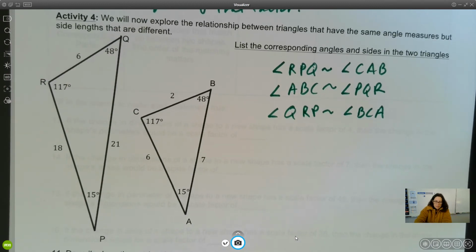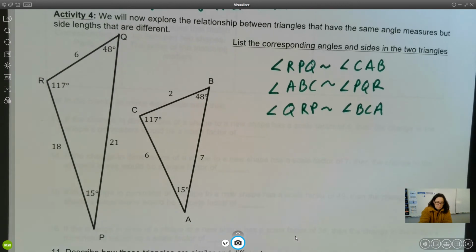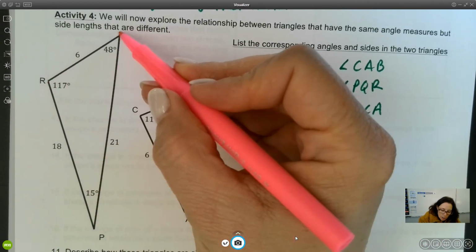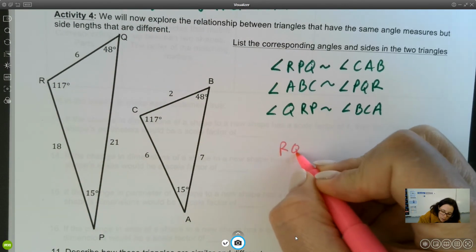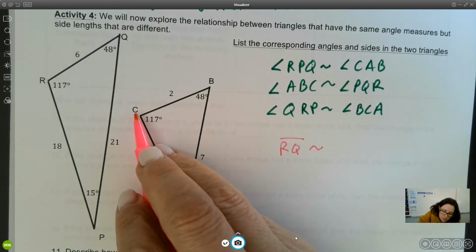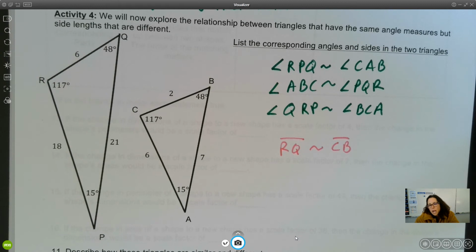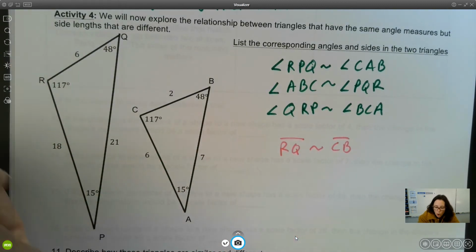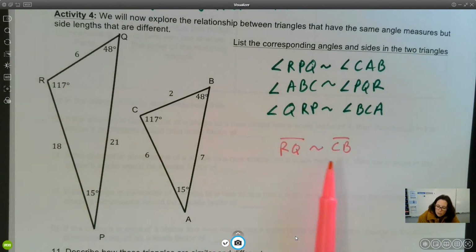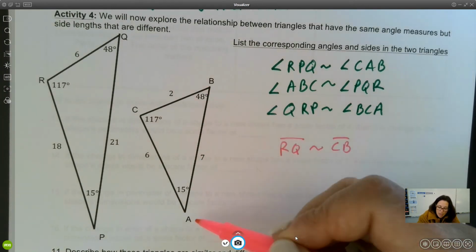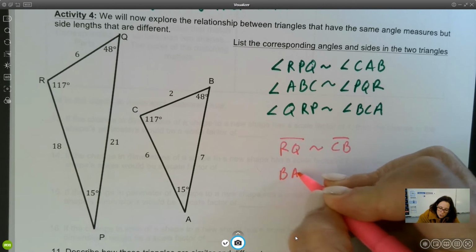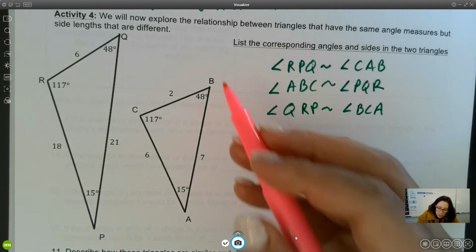Okay, let's talk about the side lengths. The side lengths RQ correspond with CB in that order. You would not also say QR corresponds to BC, that's the same statement. It doesn't matter which triangle you start with and which triangle you end with.